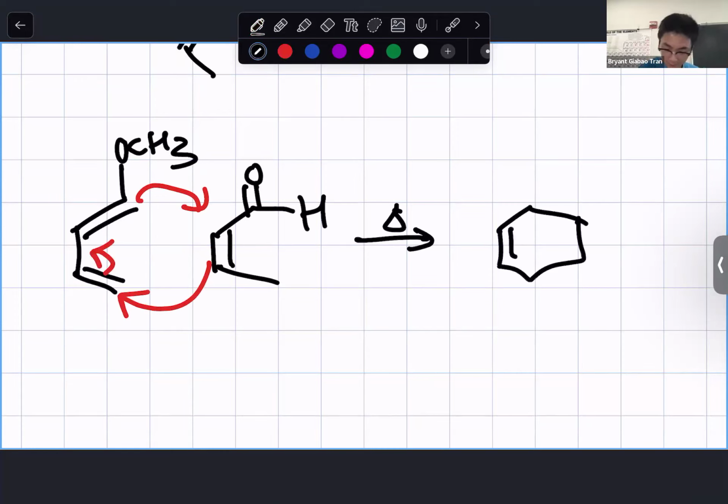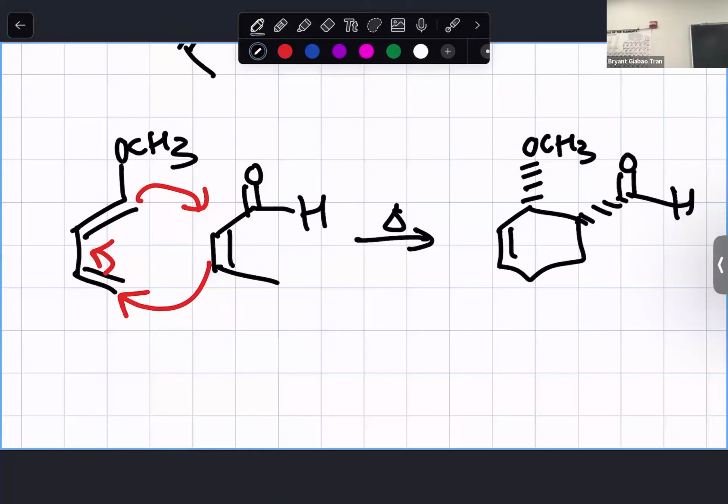Based on the last example, the out group has to be cis to the EWG, but this time the methyl on the dienophile is cis to the EWG, and we have to conserve that cis configuration, which means that since this is a dash, that methyl would also have to be a dash to conserve the cis configuration. Plus enantiomer.